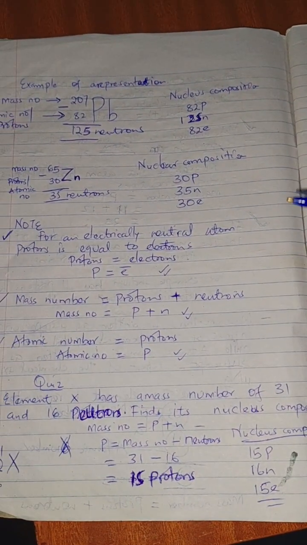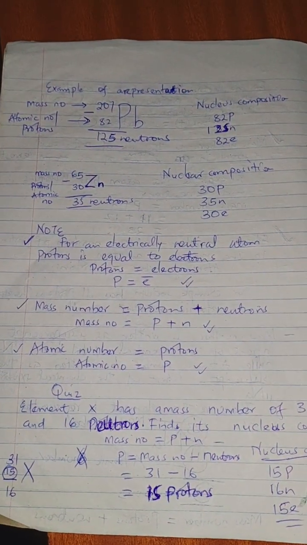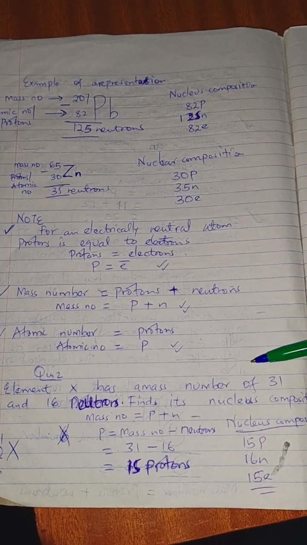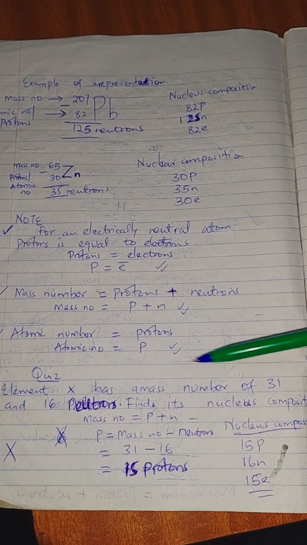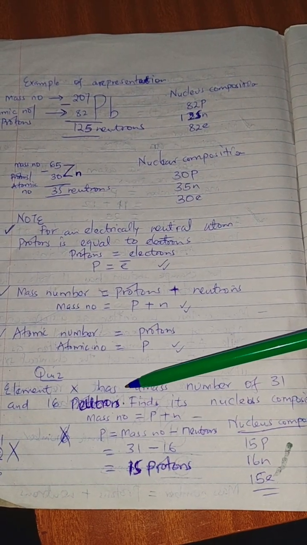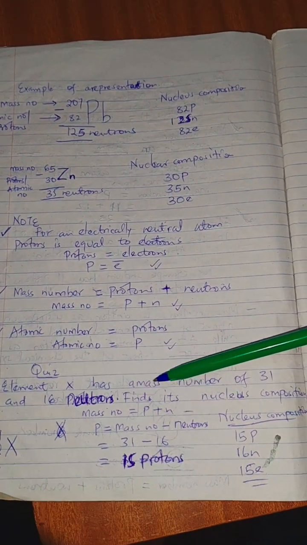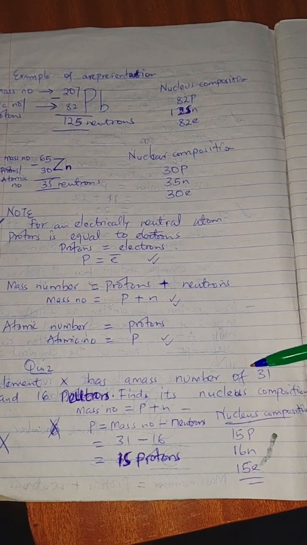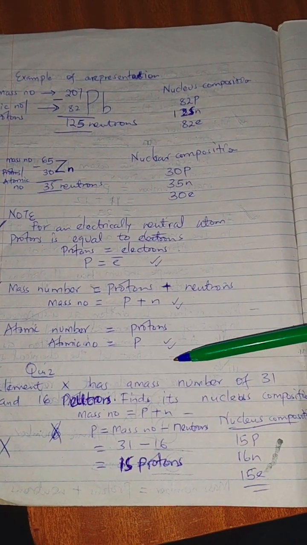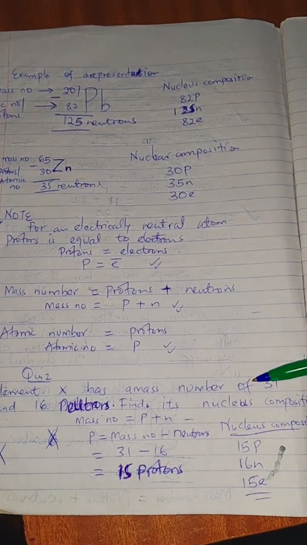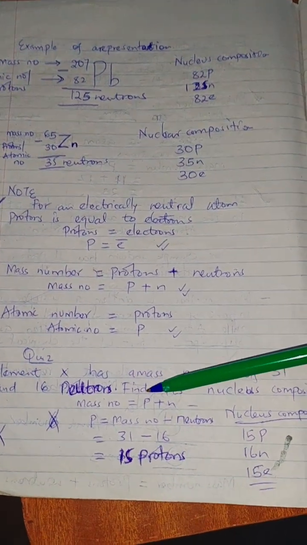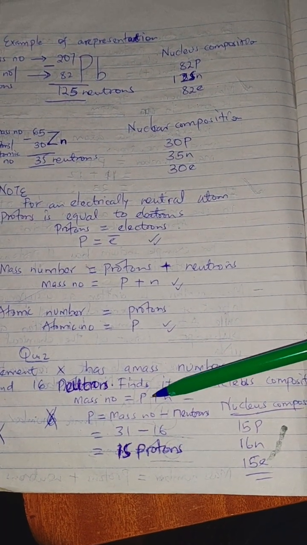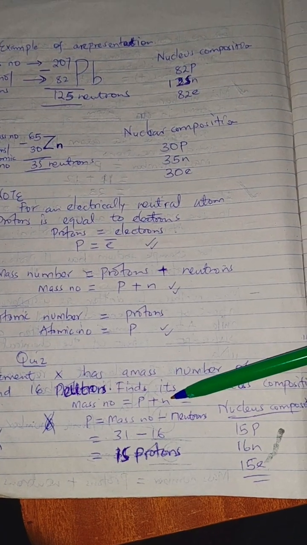We have an example here. Element X has a mass number of 31 and 16 neutrons. Find its nuclear composition. Mass number is equal to protons plus neutrons.